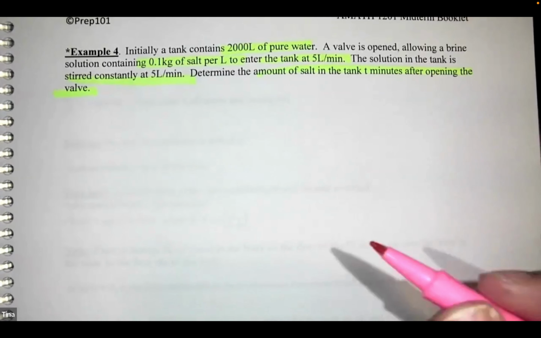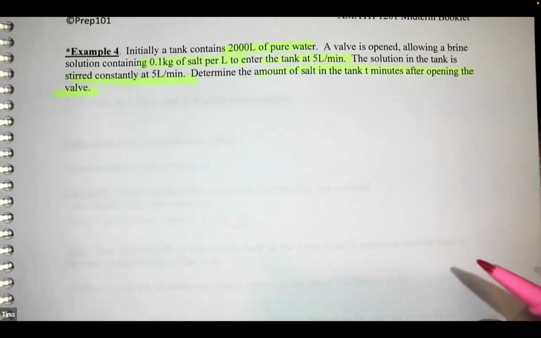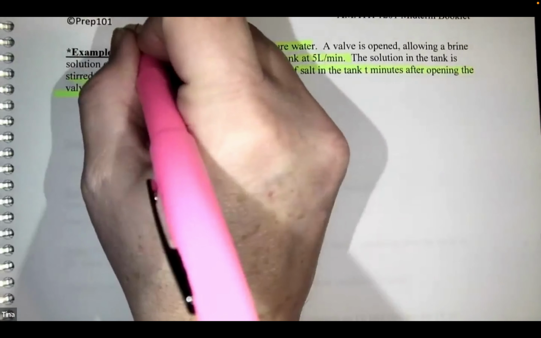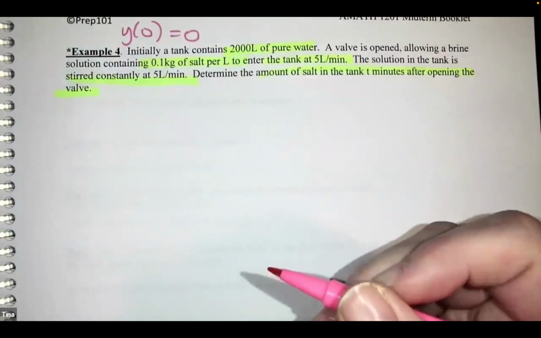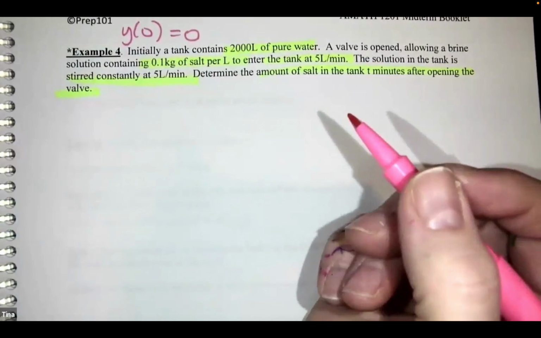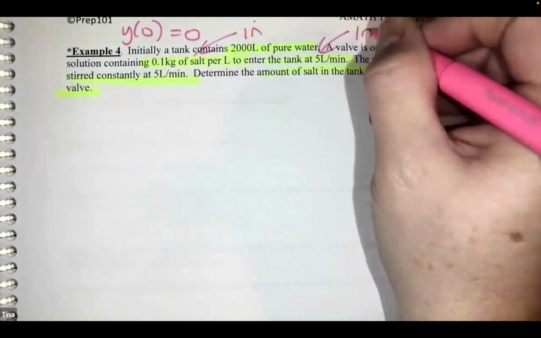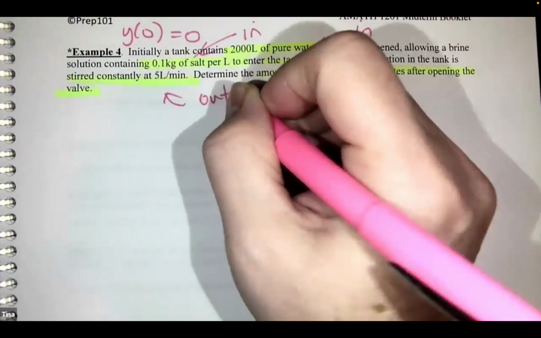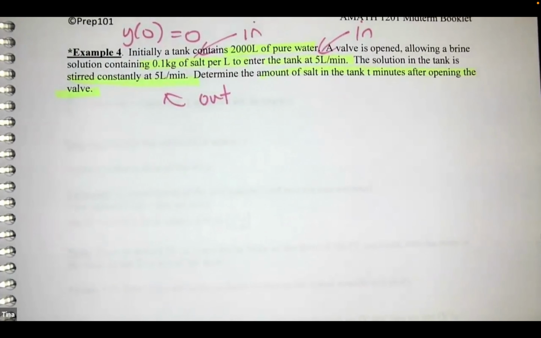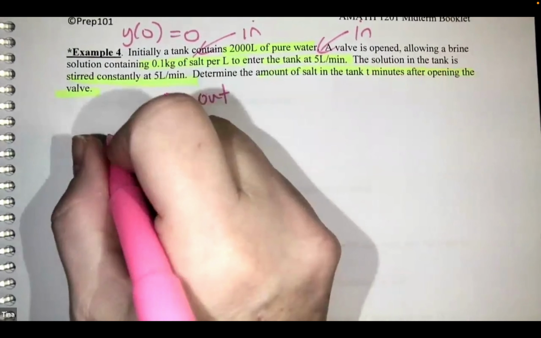Okay. So at time 0, there's no salt, right? So y of 0 is 0. And then we have a rate going in and a rate going out, and we know our units have to match.